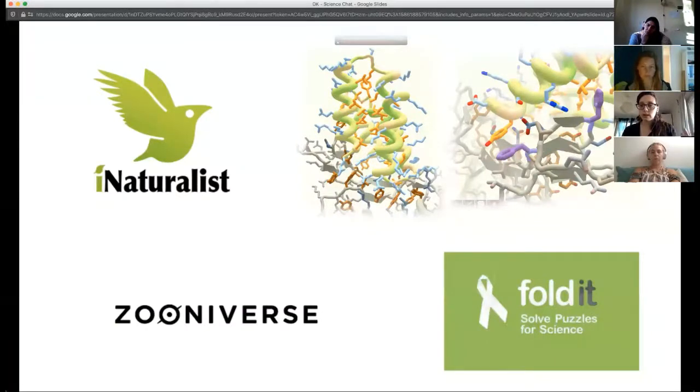Because they had all the power of people collaborating and looking for the best configuration of the protein to fold it. So that was like, whoa, this is amazing.